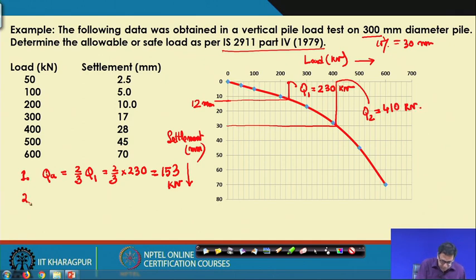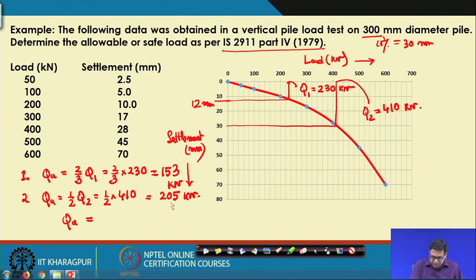So, as per clause 2, Q allowable is equal to 50% of Q2, so half into 410, that is equal to 205 kilonewton. Your Q allowable will be the minimum of these two, so 153 kilonewton.